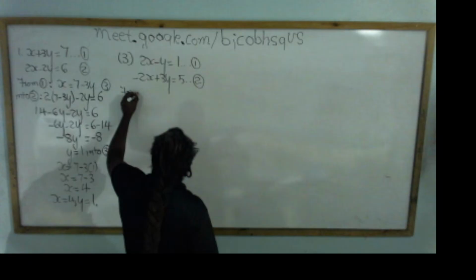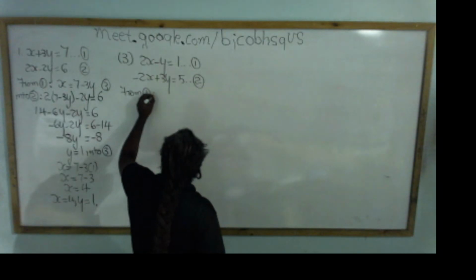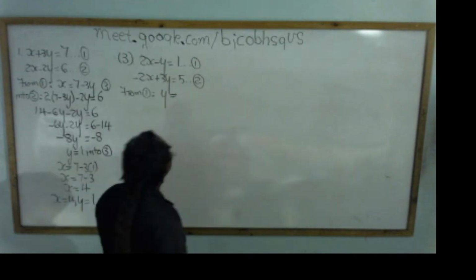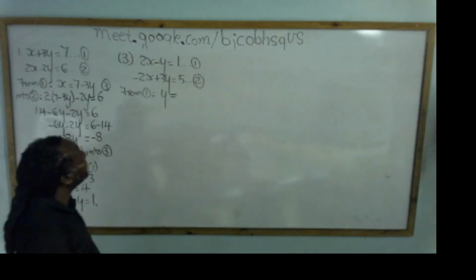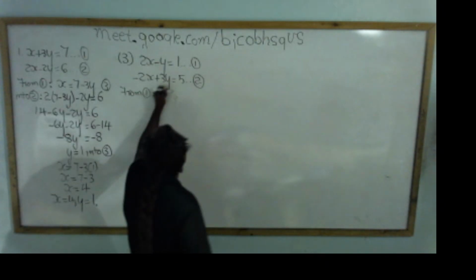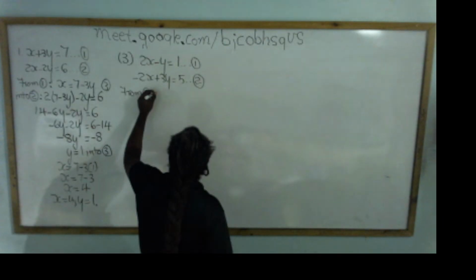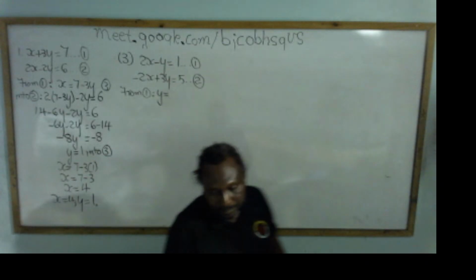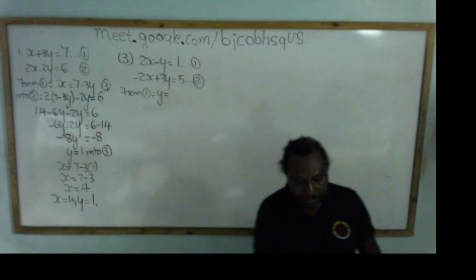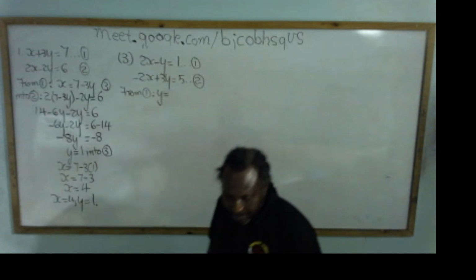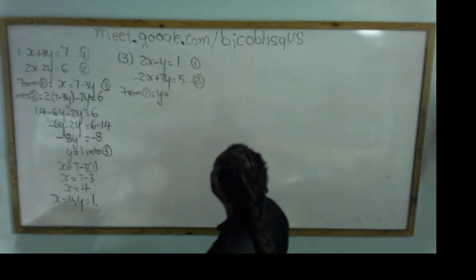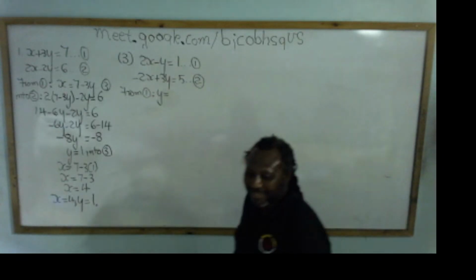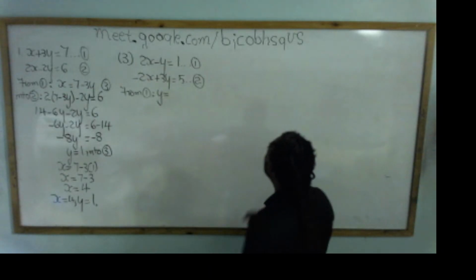From equation 1, y is equal to, tell me what y is equal to. 2x minus 1. Yes, that's correct. y is equal to 2x minus 1.